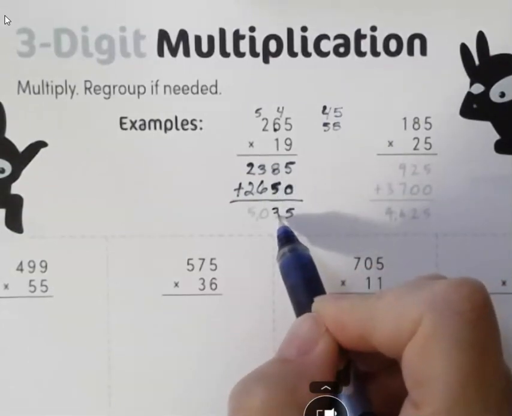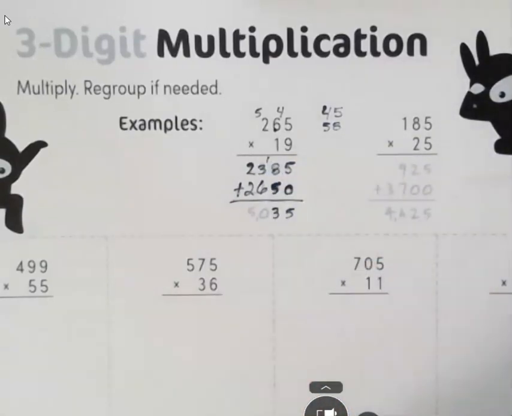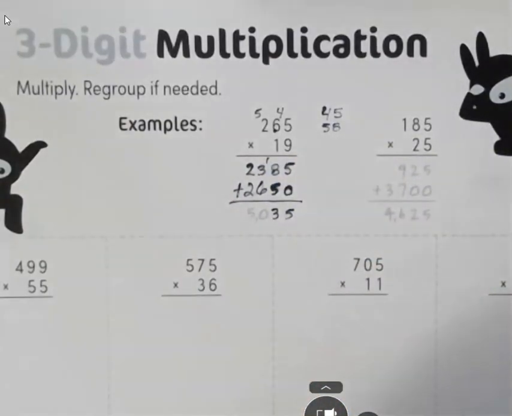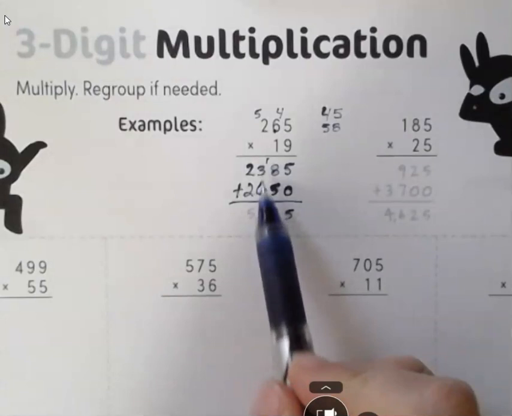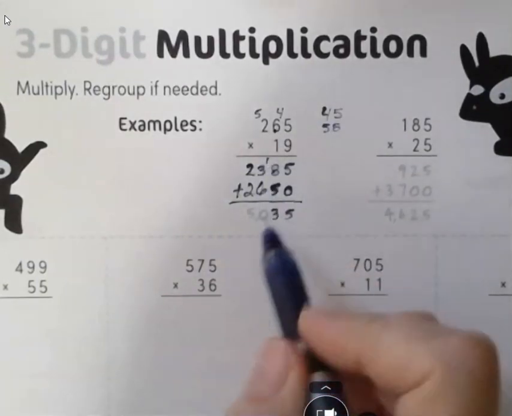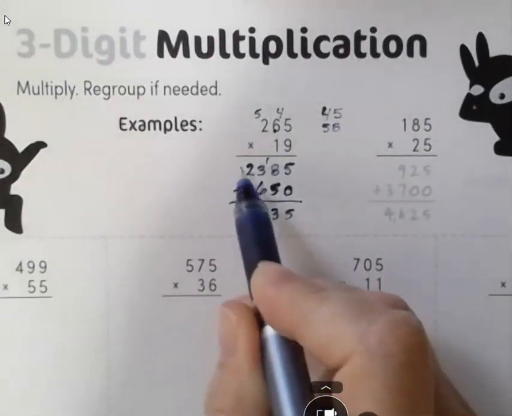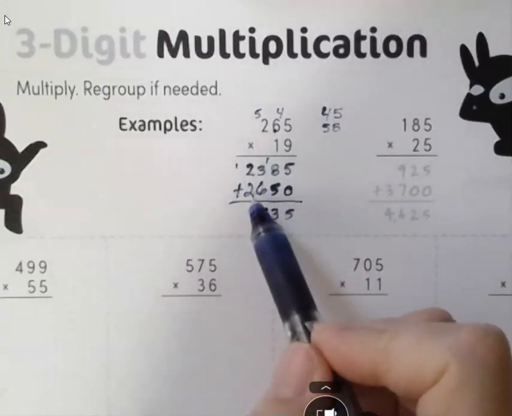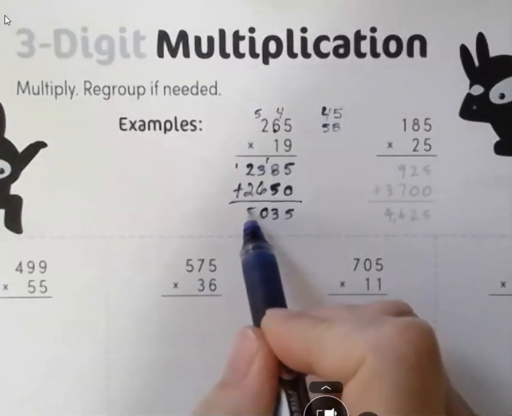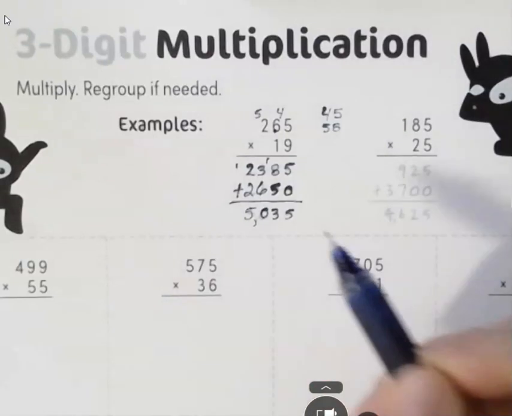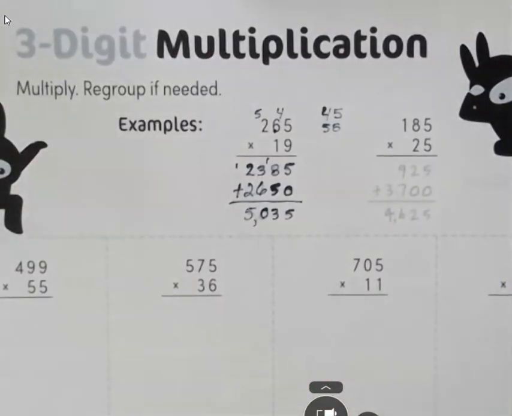So here we would put the 3 and carry the 1 like you've done in addition before. And then we have the 6 plus 3 is 9, plus 1 is 10, put the 0, carry the 1, 2 plus 2 is 4, plus 1 is 5, and that's how we get 5,035. Remember, when you're reading that number, you don't say and, it's just 5,035.